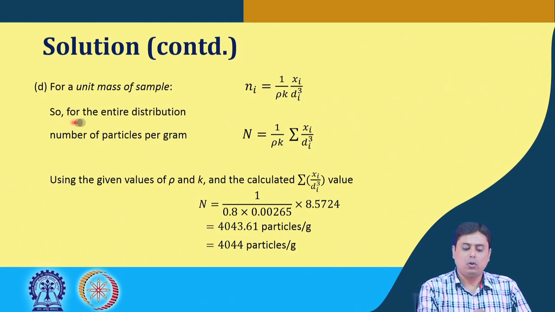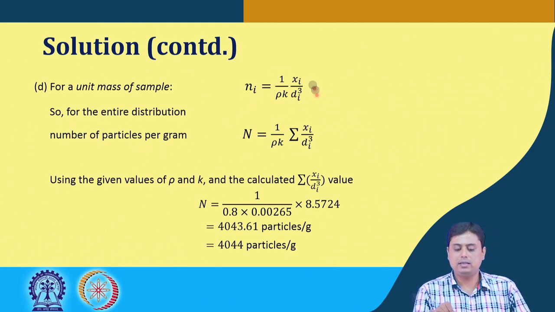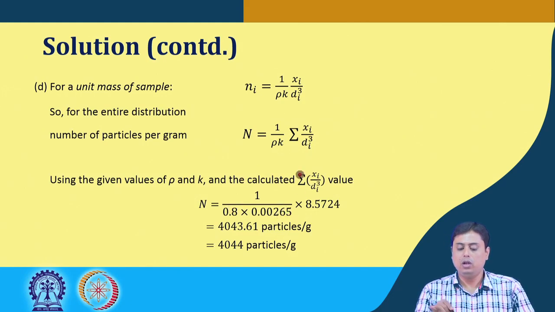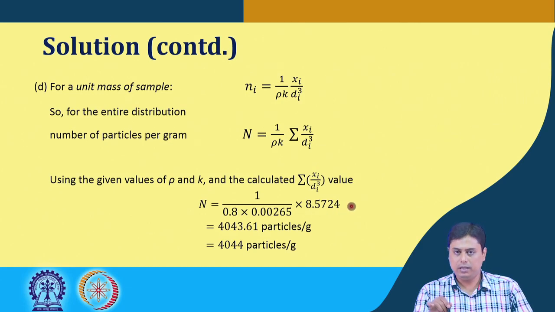Now, if this is the case, then the total number of particles is the summation of this parameter, which is written here. We already have this expression where we know rho as well as the value of k. The rho, remember to make the units similar.